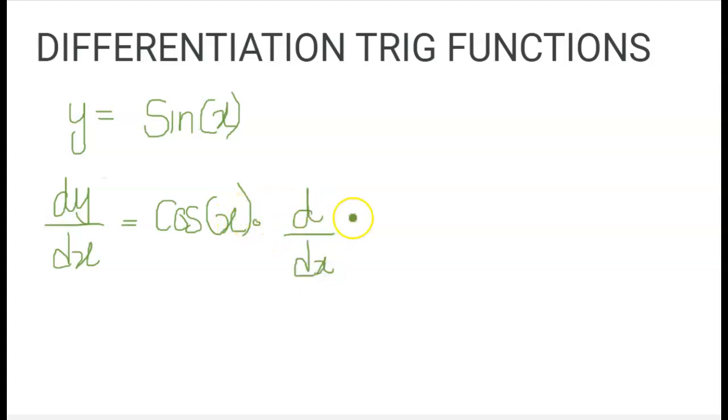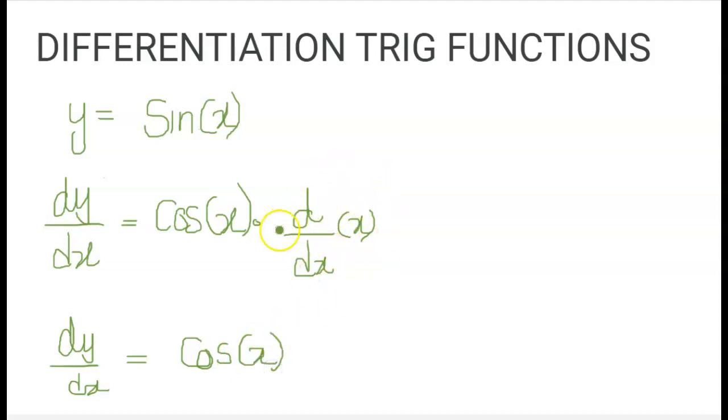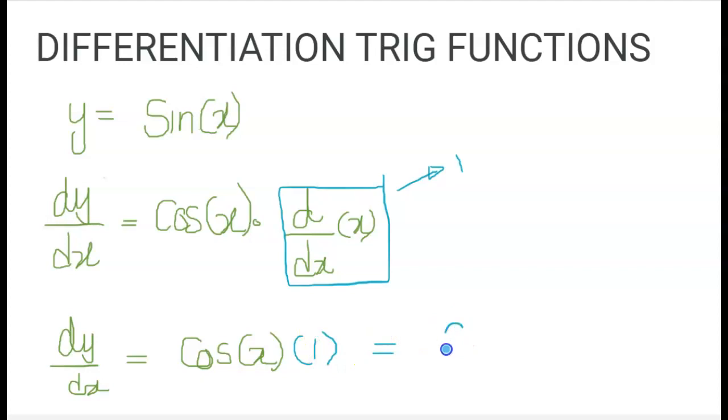In the box there is an x, so differentiate the x, and you all know what this is. This is a 1. So dy over dx of sine x is just a cos x. What happened to the d over dx of x? This thing is just a 1. So you can write cos x times 1, which is still going to be cos x.